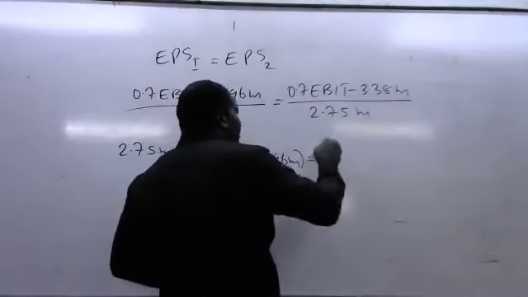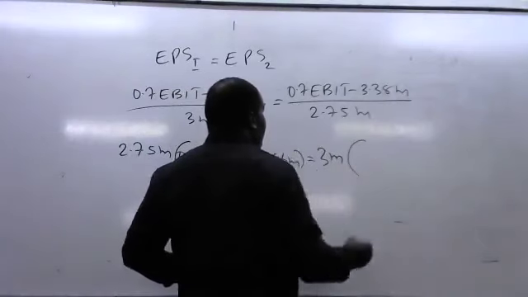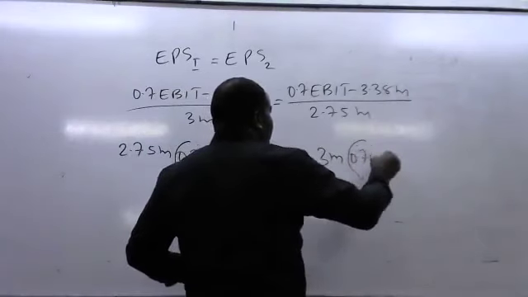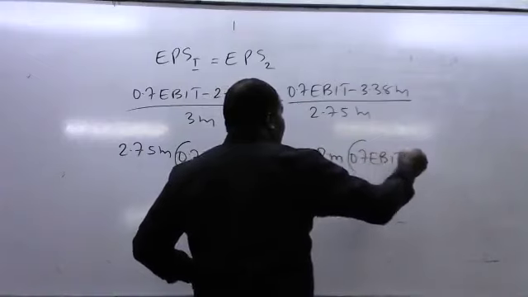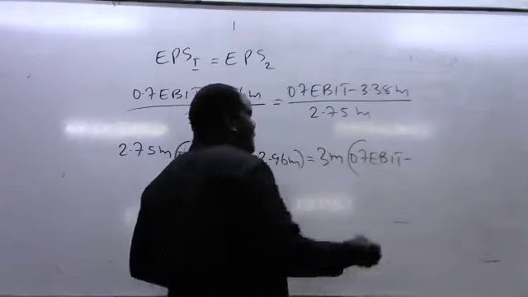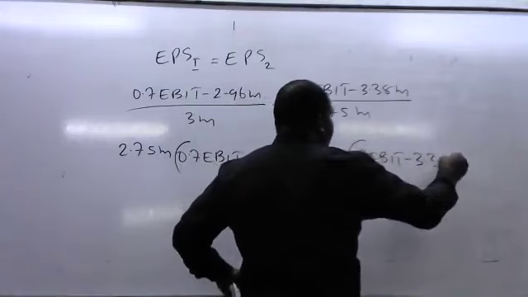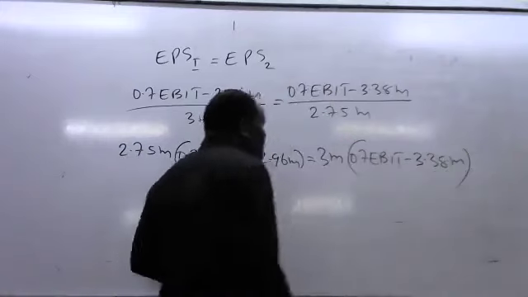3 millions in the brackets of 0.7 earnings before interest and tax, minus 3.38.